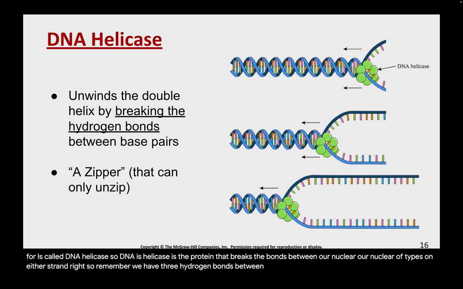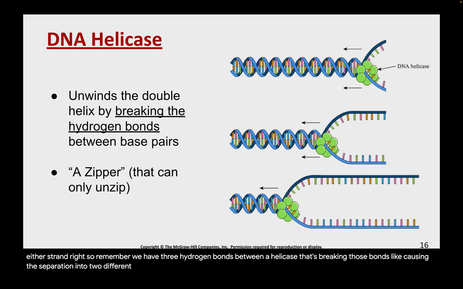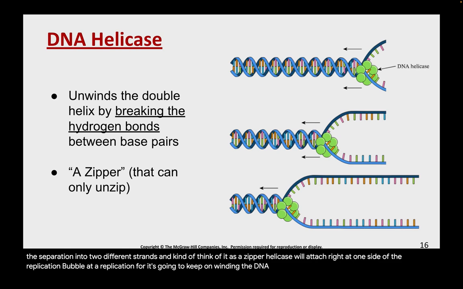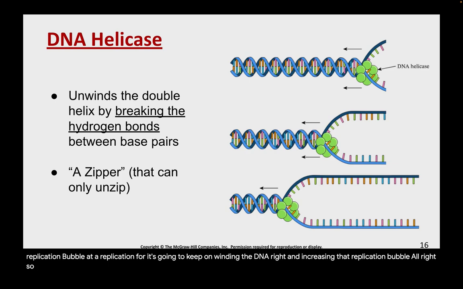It's DNA helicase that's breaking those bonds, causing the separation into 2 different strands. You can think of it as a zipper. Helicase will attach at one side of the replication bubble at a replication fork. It's going to keep unwinding the DNA and increasing that replication bubble. So DNA helicase unwinds our DNA.